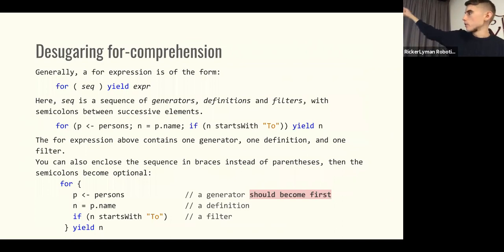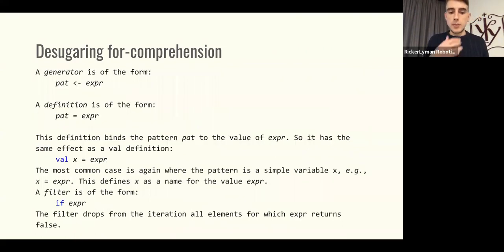And in that case, you can omit the ending sign, I forgot the name of that. Yeah, you can write it in multiple lines. But there is one thing: the generator should come first in the sequence of these statements. You cannot start a for comprehension with a definition or filter. There should be a generator. And yeah, so this is what the generator, definition, and filter look like.